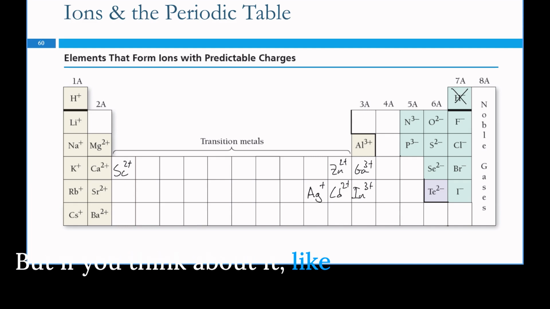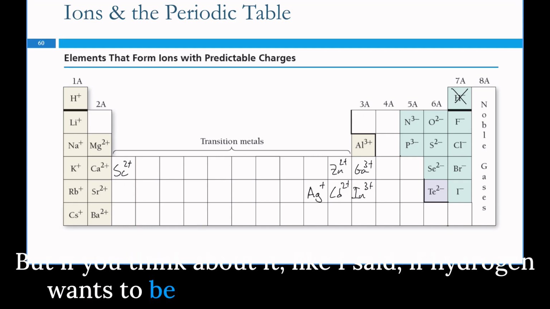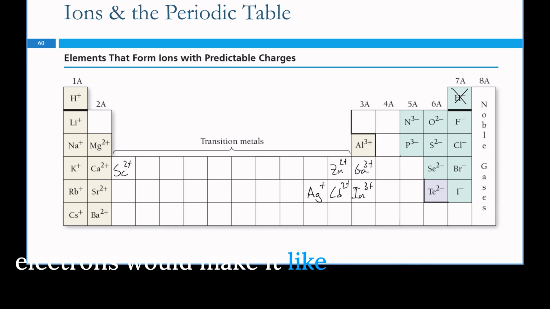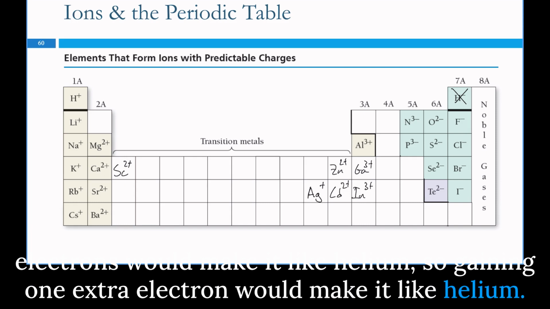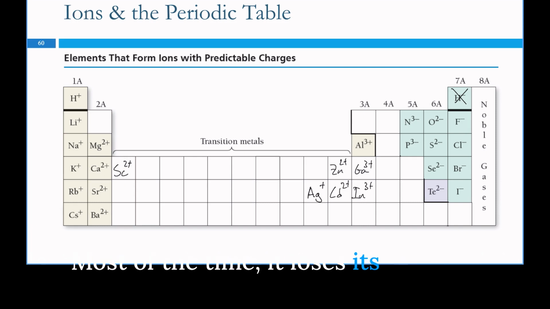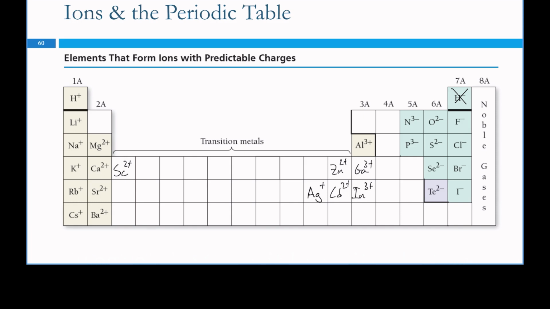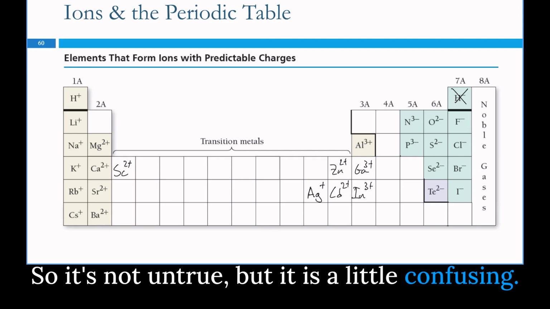But if you think about it, like I said, if hydrogen wants to be like a noble gas, then gaining 1 extra electron would make it like helium. Most of the time, it loses its electron instead, and then it just has no electrons. So it's not untrue, but it is a little confusing.